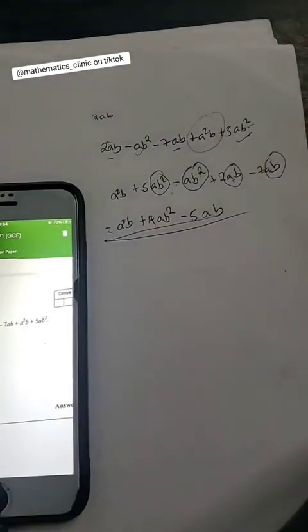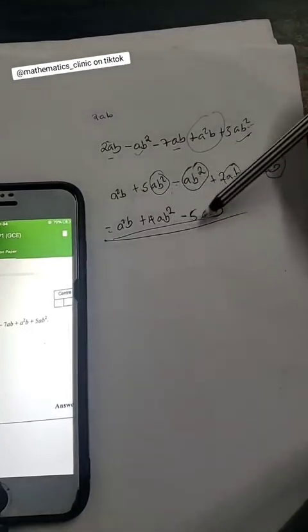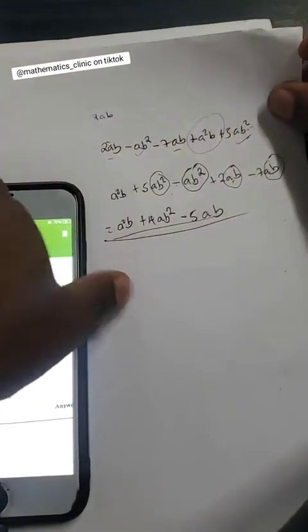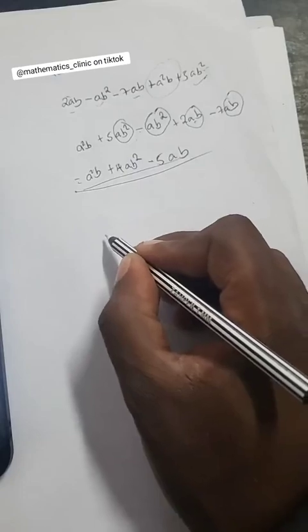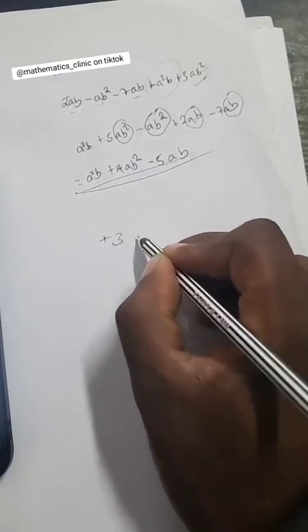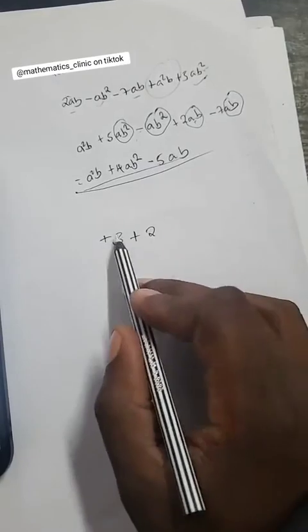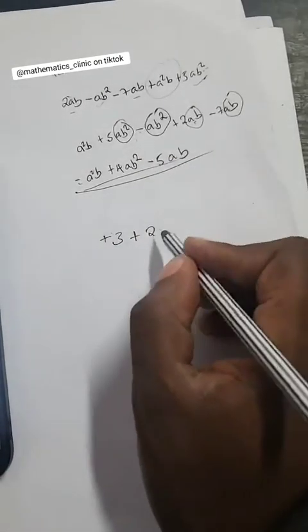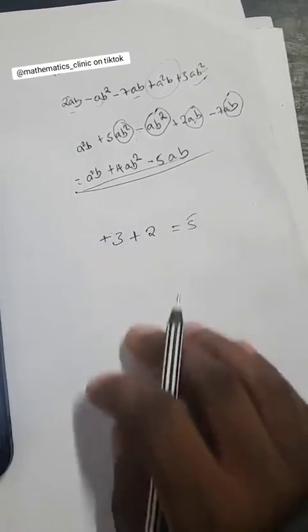Integers, when dealing with negative and positive, if you are subtracting, listen. Let me just have a small class on signs, so that if there is anyone who has a problem with signs, they can learn. If you are adding, let's say positive 3 plus 2, this is positive, this is positive, so we don't have a problem with that. Are you getting this?